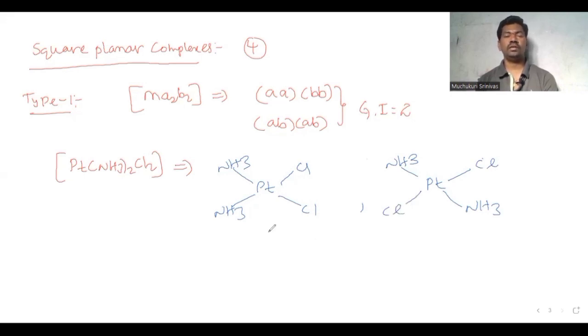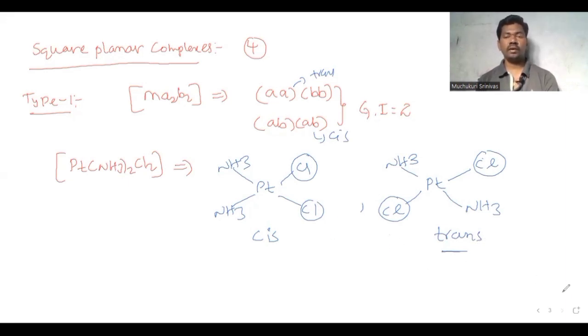This is another arrangement. Usually when the same ligands are at the same position, that is called cis isomer, and when they are opposite or perpendicular to each other, this is called trans. This is cis. This is trans isomer.